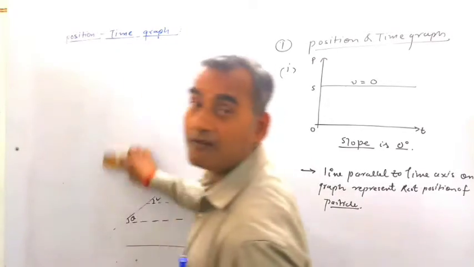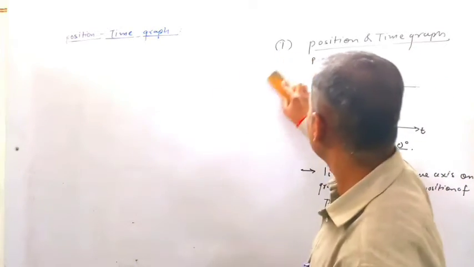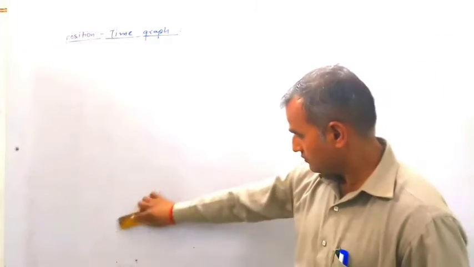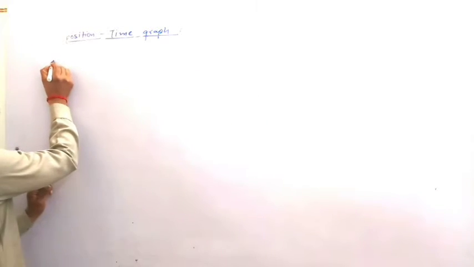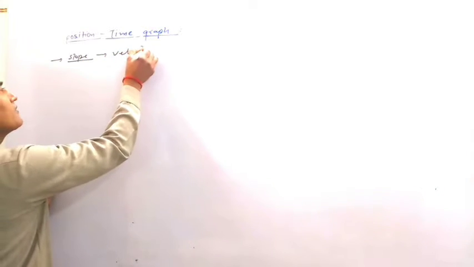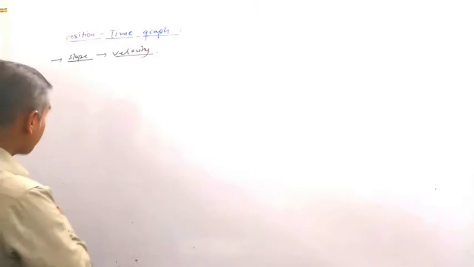Now, how can we calculate the velocity by position time graph? There are a few important points. Point number 1, slope shows velocity.